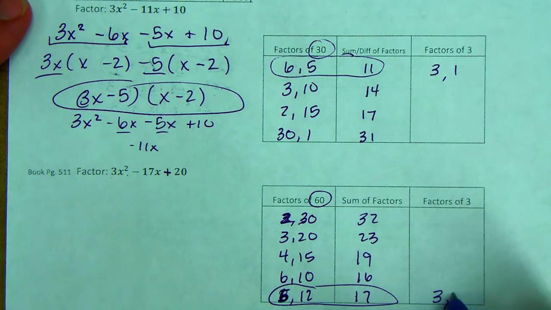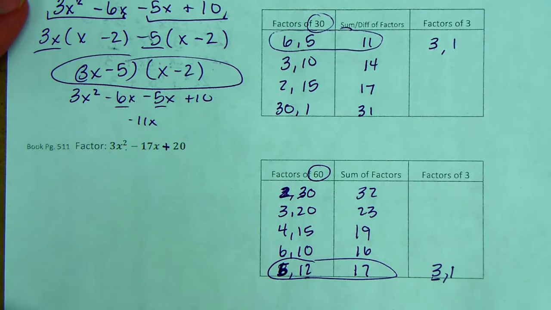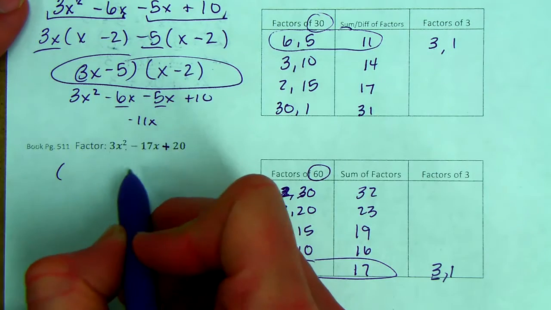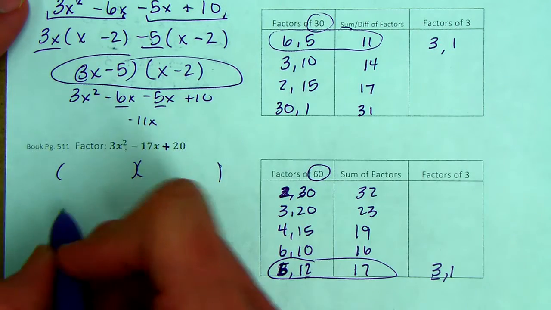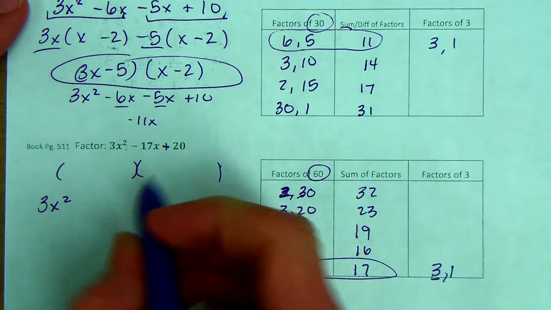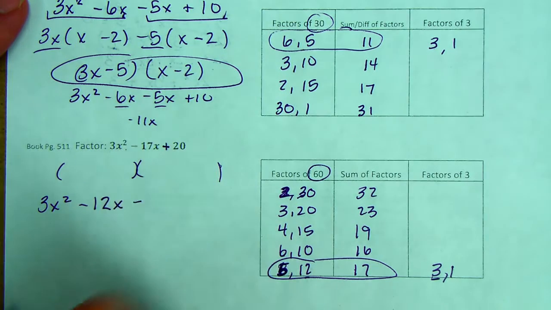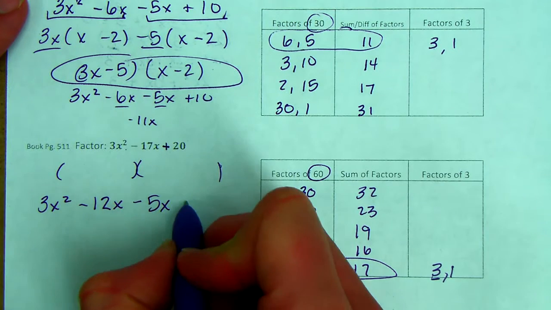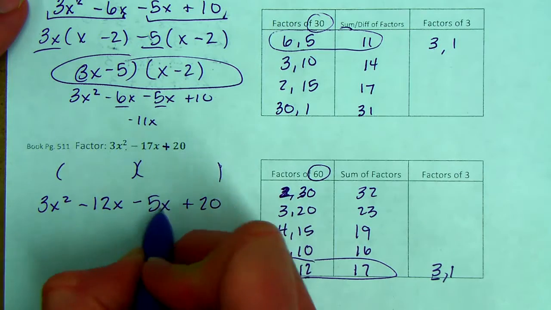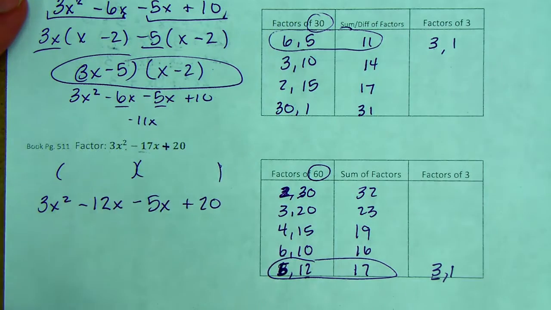Okay, so let's see. I'm going to go 3x squared, and I'm going to do a minus 12x there, a minus 5x next, and a plus 20, because negative 12 and negative 5 give me negative 17. Now let's factor by grouping, so we can take out a 3x and get x minus 4.